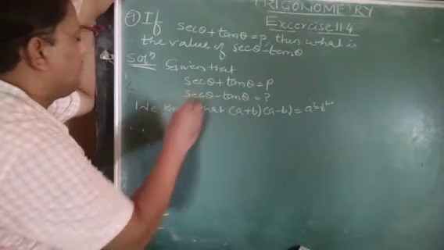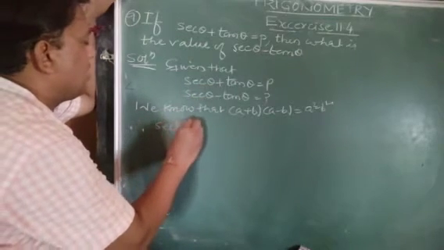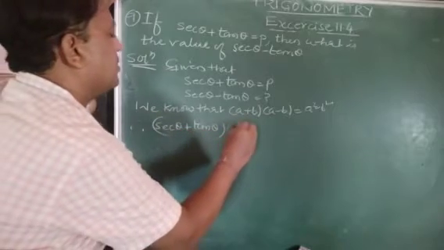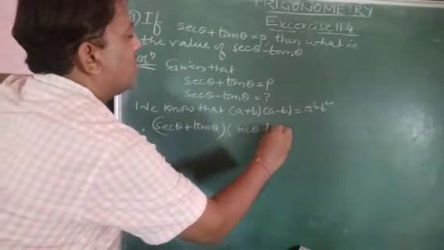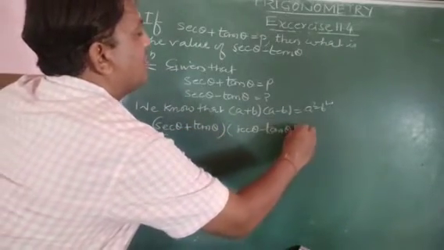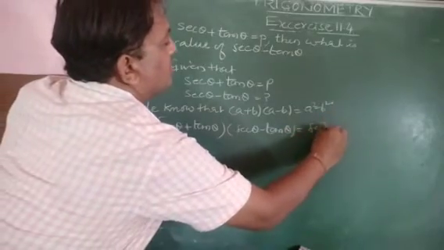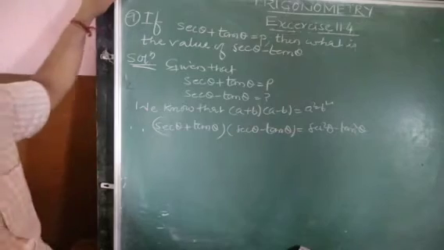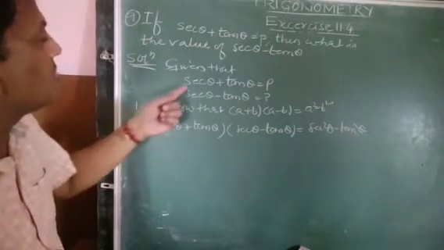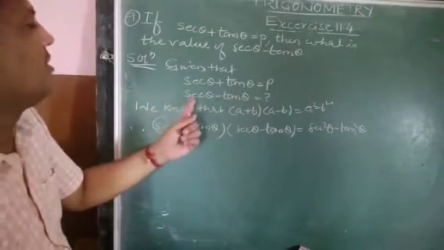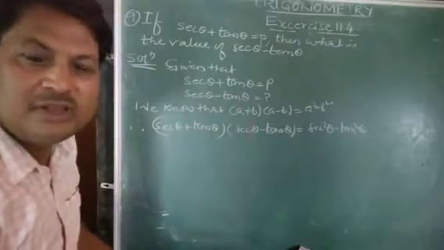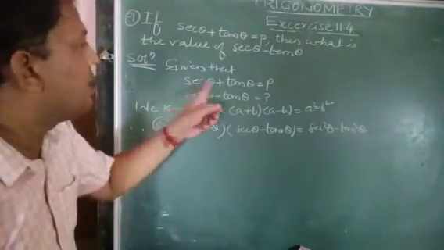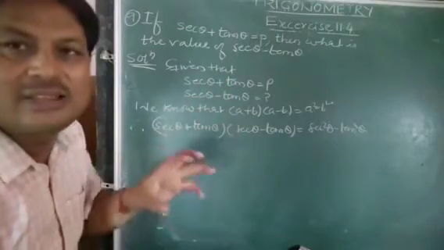Therefore, in place of A and B, sec theta plus tan theta into sec theta minus tan theta is equal to sec square theta minus tan square theta. Is it right? Because A plus B is given, we have to find A minus B. So we have to explore whether any direct relation between A plus B and A minus B exists. Yes, it is there.